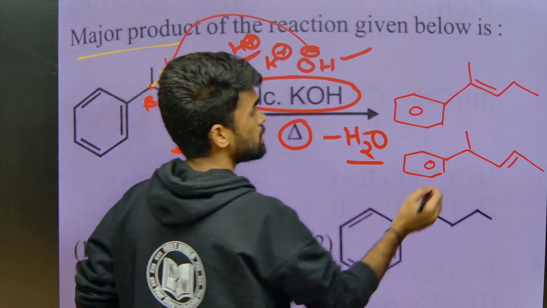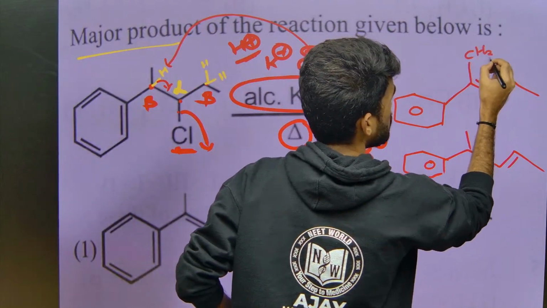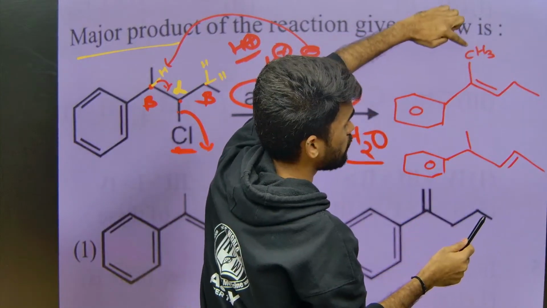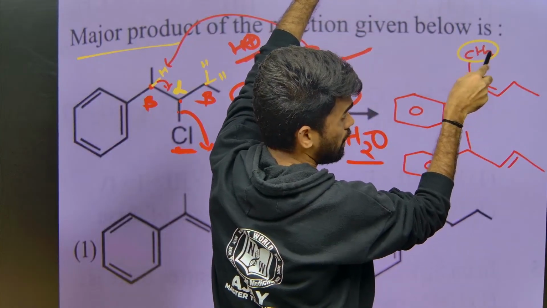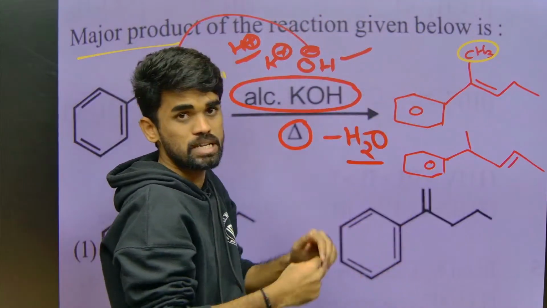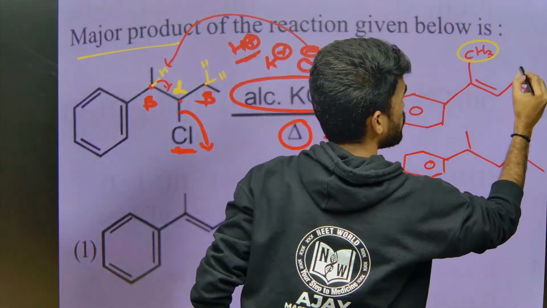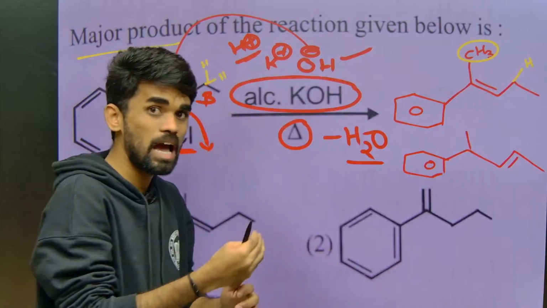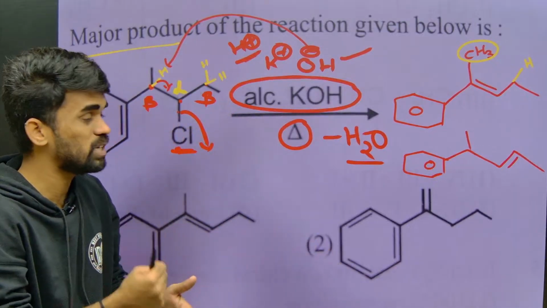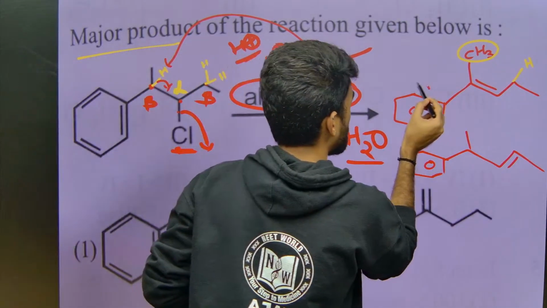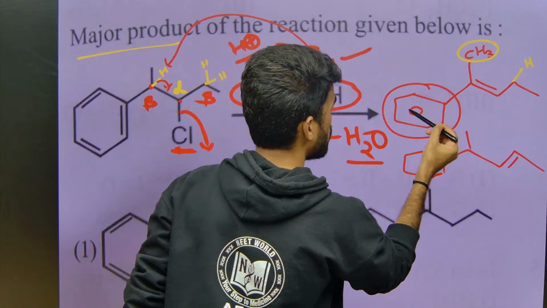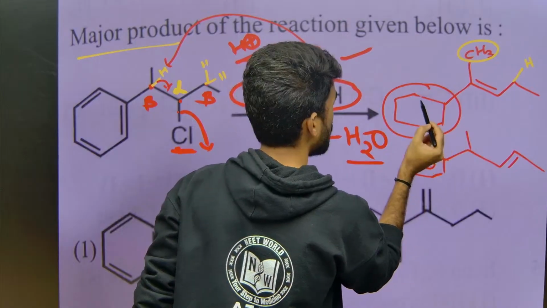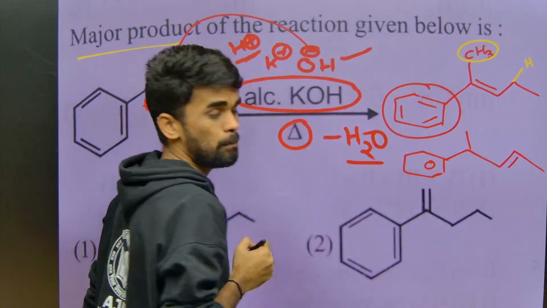Why? Because to this double bond, here we have a methyl. So these 3 hydrogens participate in hyperconjugation with respect to this double bond. And here also we have 1 alpha hydrogen, and along with this, the extra important thing is the mesomeric effect or resonance of this ring's pi electrons. The pi electrons of this benzene ring are in conjugation with this pi bond.